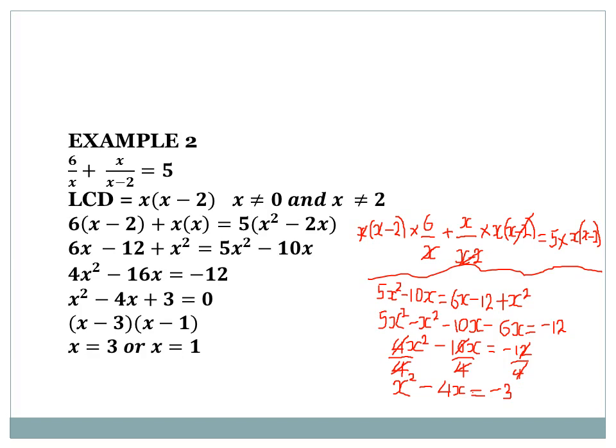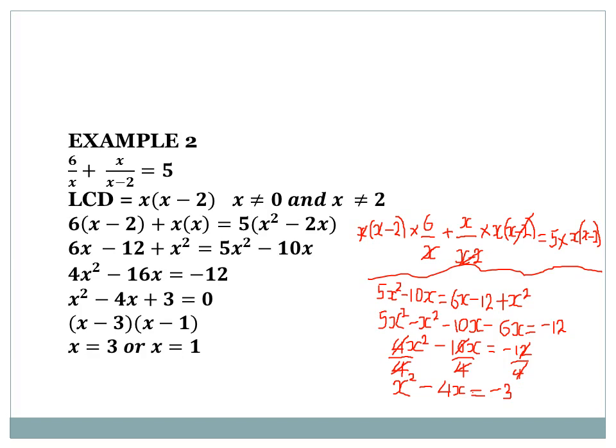equals to 0. So if we take x minus 3 is equals to 0, x will be x is equals to 3. If we take x minus 1 is equals to 0, then we are going to have x is equals to 1. Now please check our restrictions.